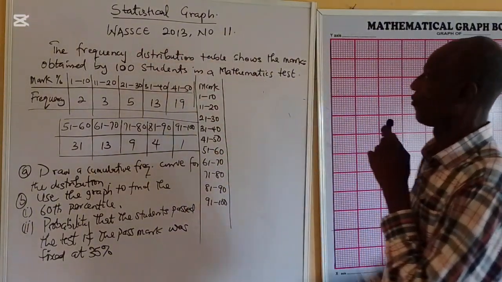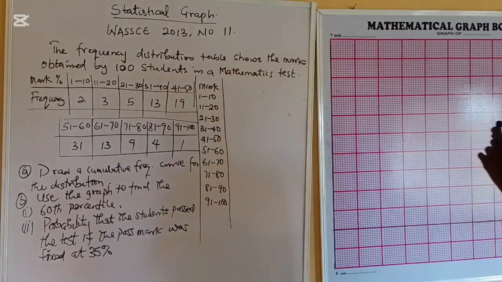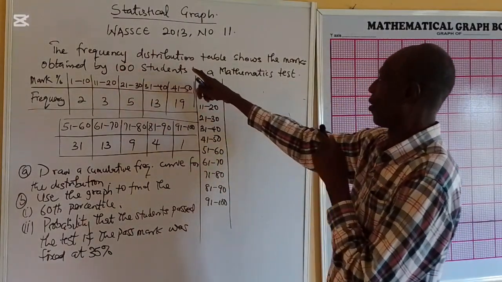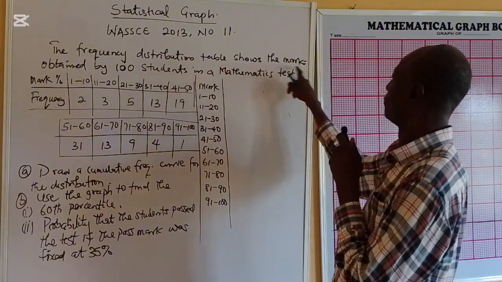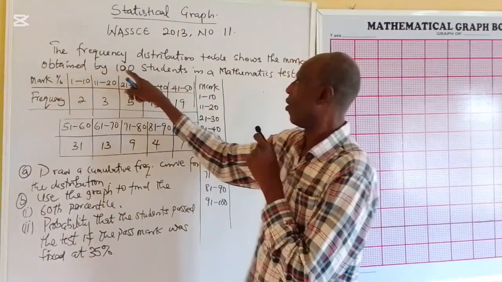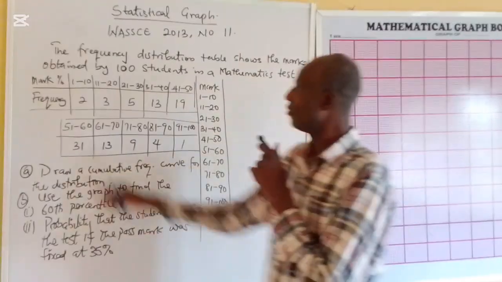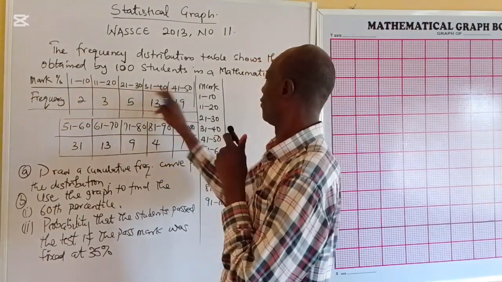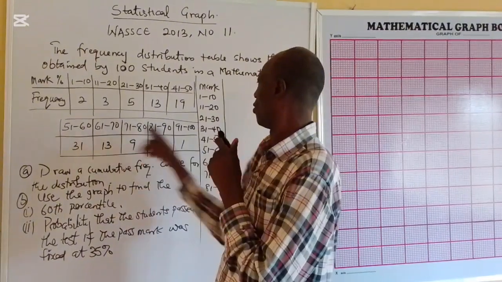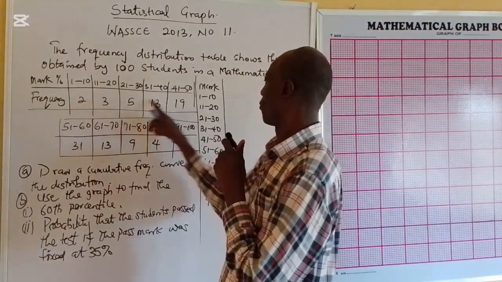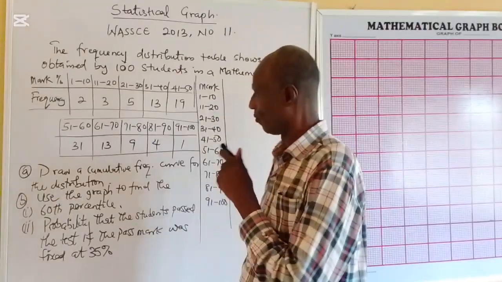Now, this is question number 11. The frequency distribution table shows the marks obtained by 100 students in a mathematics test. Look at the marks 1 to 10 extending to 100, and the frequency that follows.